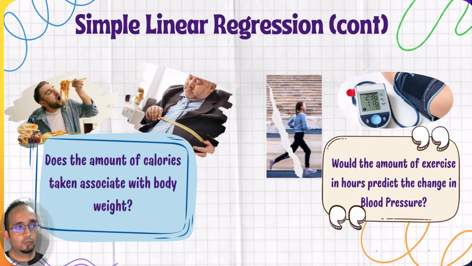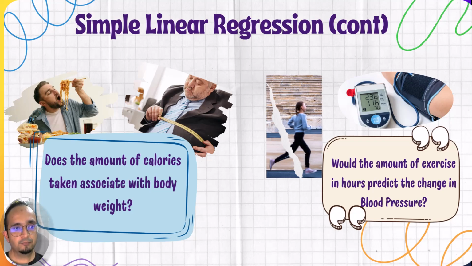In simple linear regression, we can answer two research questions. The first one is, does the amount of calories taken associate with body weight? It can measure the relationship between two continuous variables, an independent variable and a dependent variable.